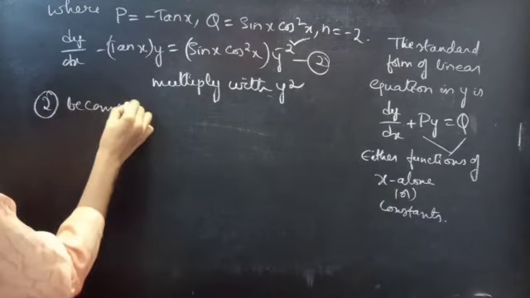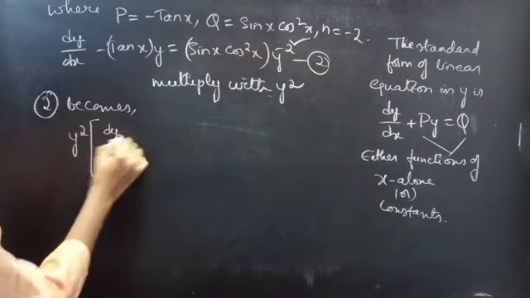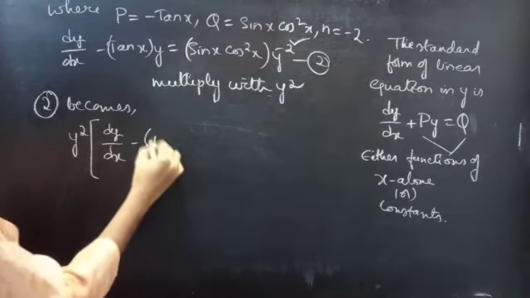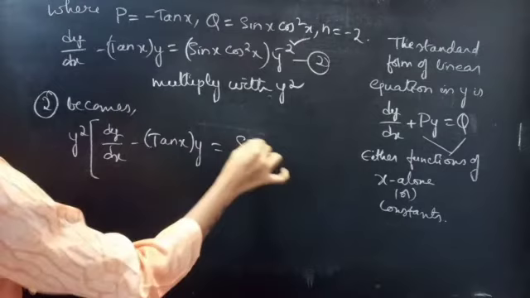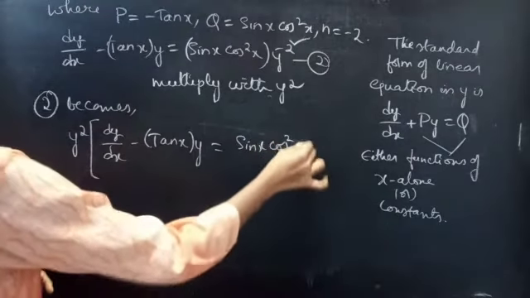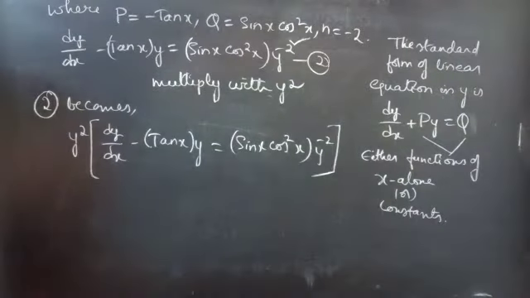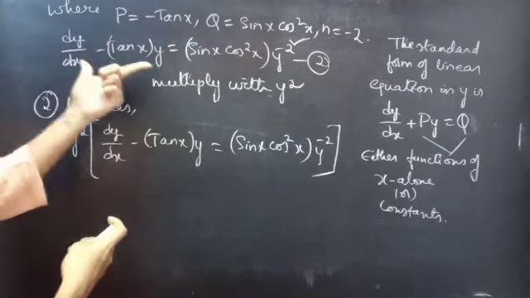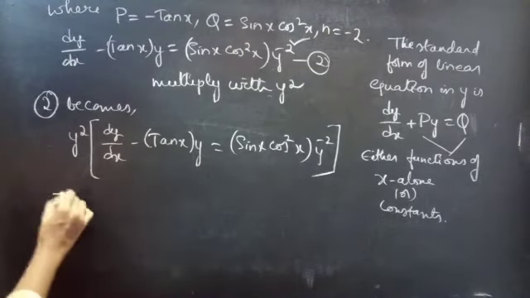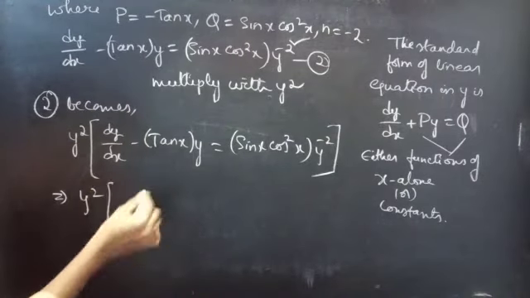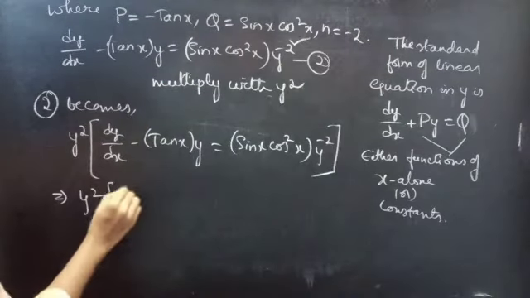Equation 2 becomes y square times dy by dx minus tan x into y equals sin x into cos square x into y power minus 2. The equation multiplied by y square in the sense, just multiply LHS and RHS by y square.